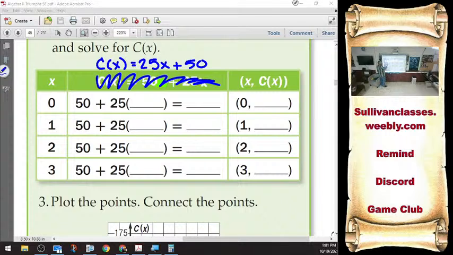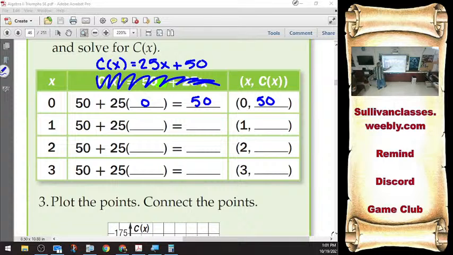So, when I say x is 0, shove in a 0. What's 25 times nothing? Nothing. Plus 50. So 0, 50 is my coordinate. Fill in the rest of it. Let's see what you got.